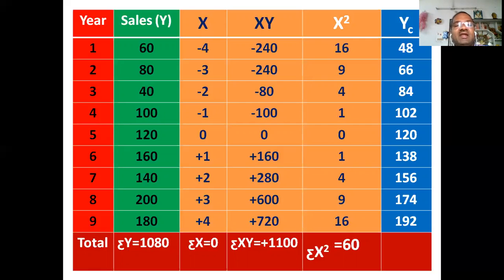Year and sales are taken from the problem itself, but now the computation process begins. We will make another column for X, next to it XY, meaning X into Y, then X square and Yc values. These Yc values are the computed trend values of the given variable. How it will come, I will show.